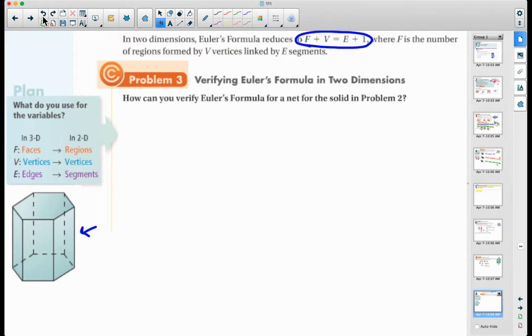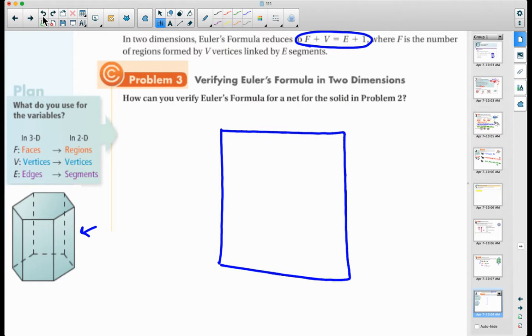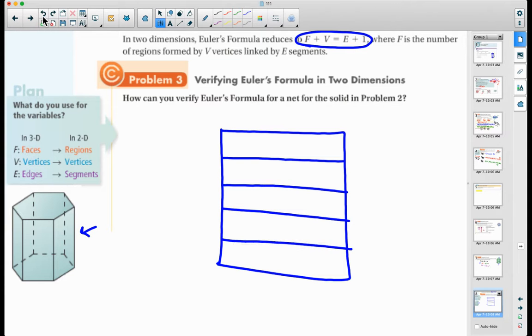All right, let's take a look. So if I draw that as a net, what's it going to look like? Well, my lateral area is going to look like this, where I'm going to have 6 of these rectangles. Right? I've got 6 of those, and those are all the sides that go around.